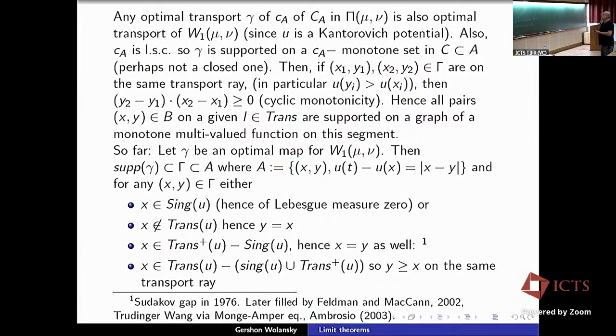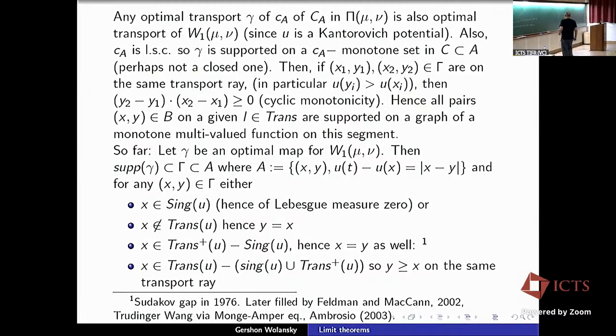And another observation is that any optimal transport for c_A is cyclically monotone with respect to c_A. Remember what it means to be cyclically monotone? It means that for any chain, if we make a cyclic permutation or any permutation of this chain, we do not get something smaller, just maybe some higher value.